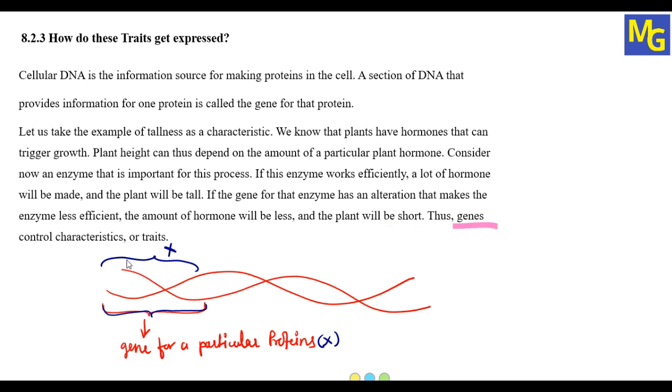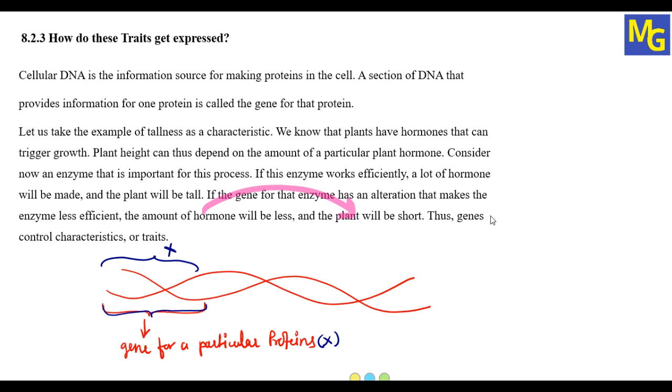Thus, genes control the characteristic of a trait. If there is an alteration in the gene, there will be a change in the amount of enzyme. If there is a change in the amount of enzyme, there will be a change in the amount of hormone. If the hormone amount has changed, then the plant height will change.